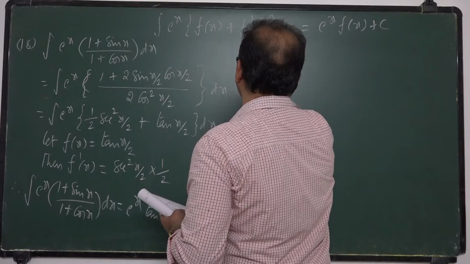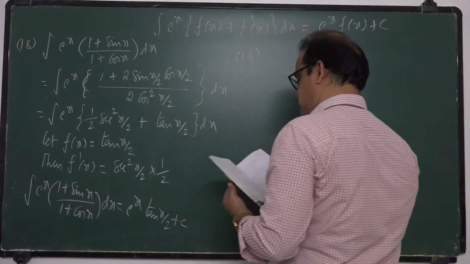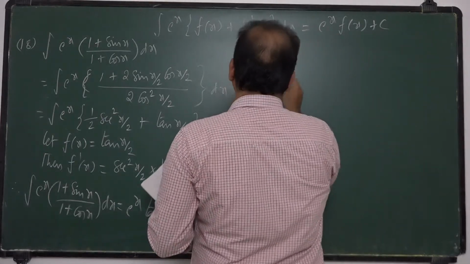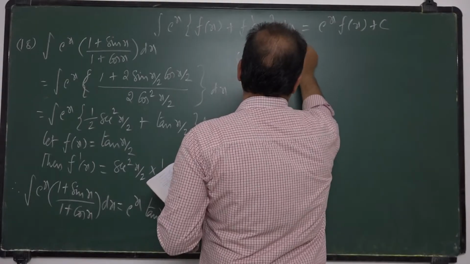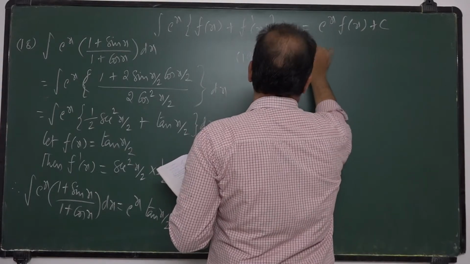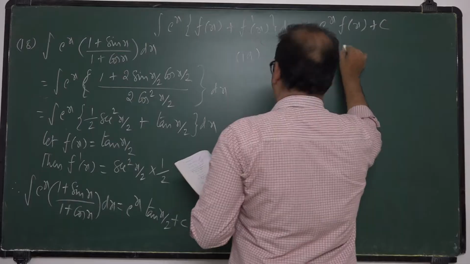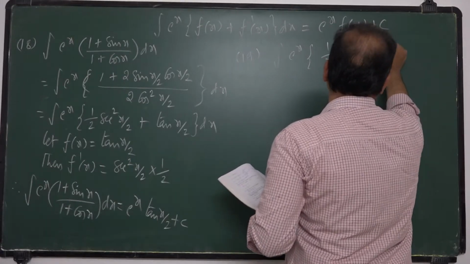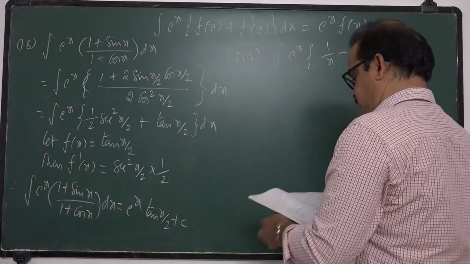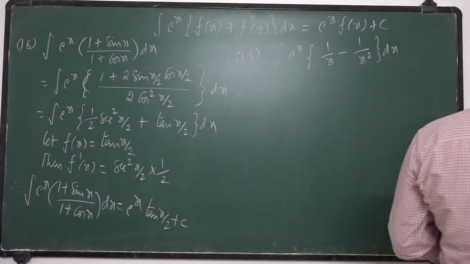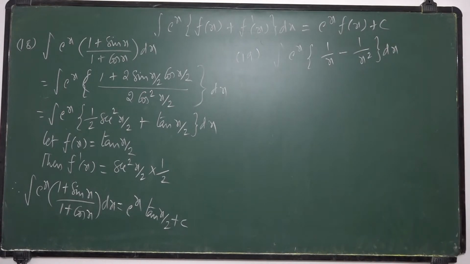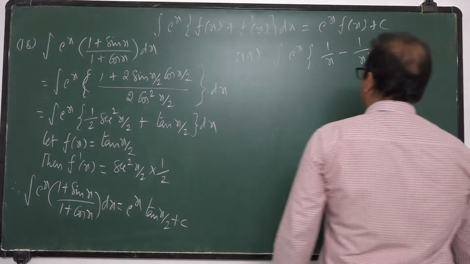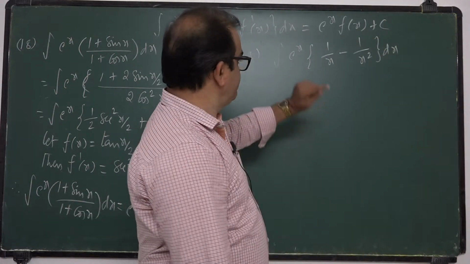19th. Integral of e power x into 1 by x minus 1 by x square into dx. See this problem.